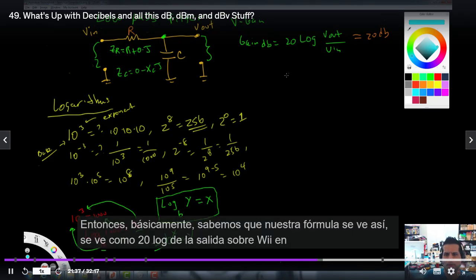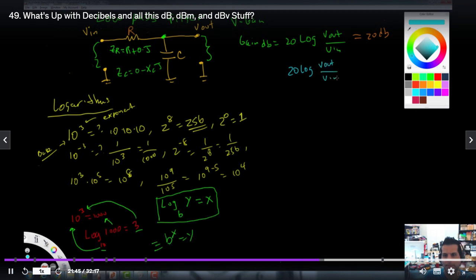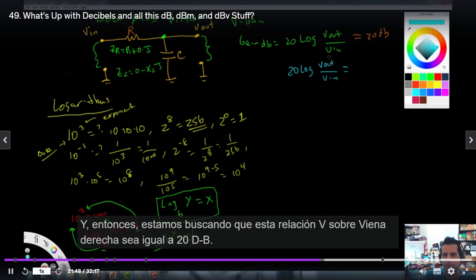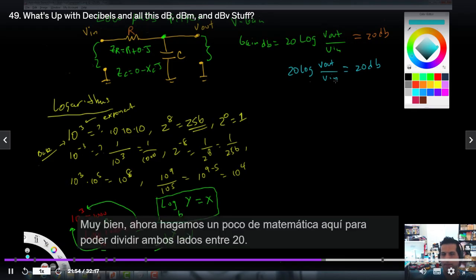Basically, we know that our formula looks like 20 log of V out over V in, and we're looking for this ratio V out over V in, which equals 20 dB. Now let's do some math.